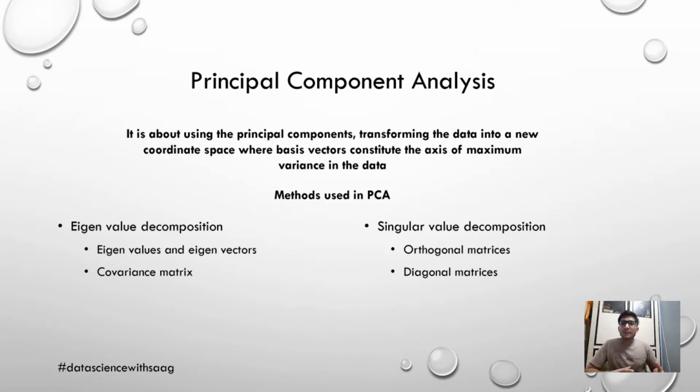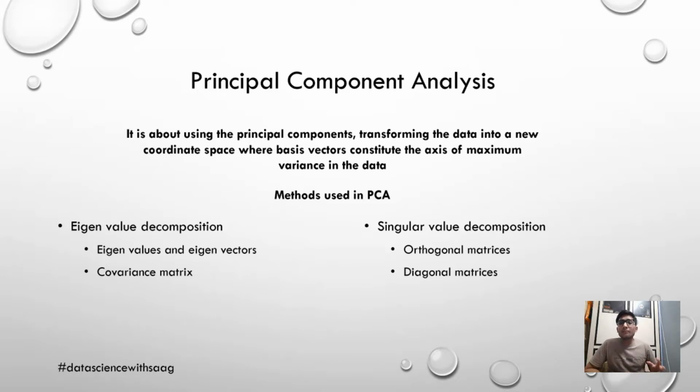What are basis vectors? If you understand the Cartesian space, the x axis can be represented by the unit vector 1 comma 0 times the elongation or the scale by which we want to provide the magnitude of the vector. Similarly, the y axis can be represented as 0 comma 1.